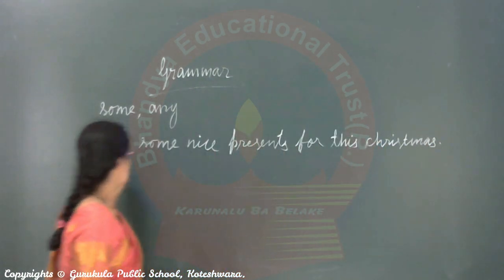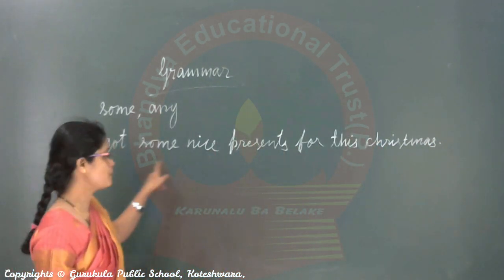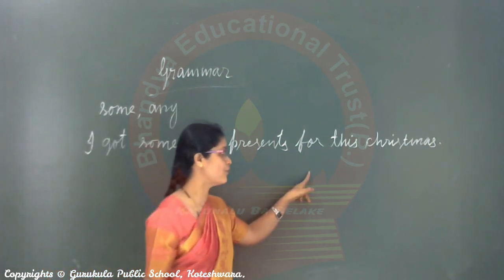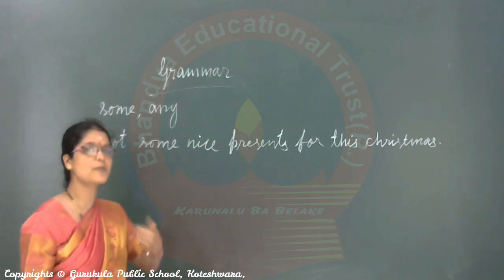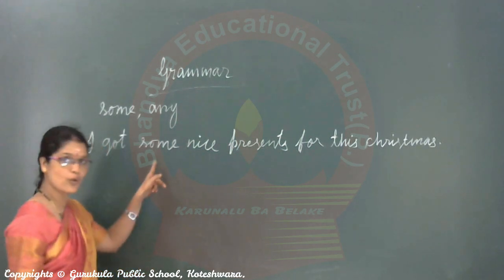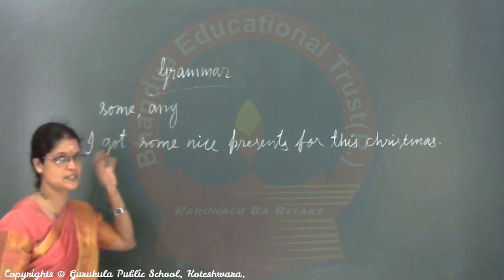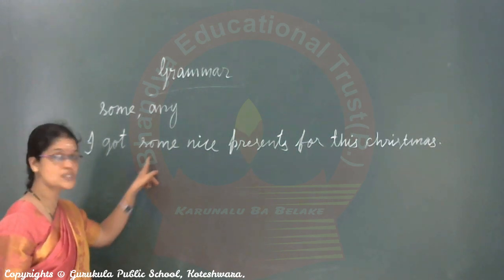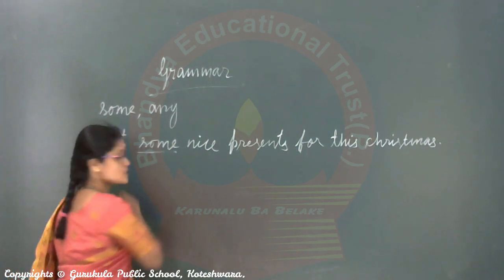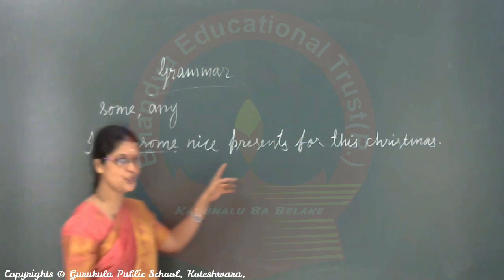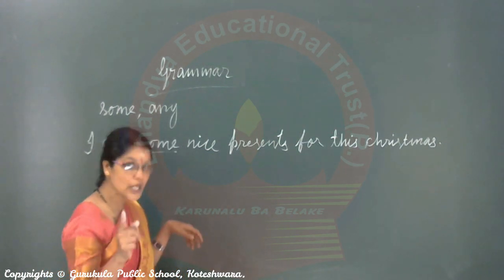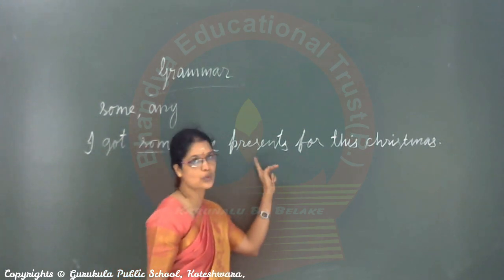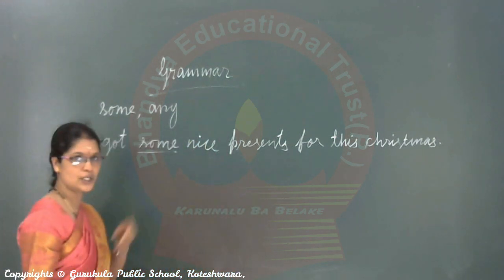See, I got some nice presents for this Christmas. This year's Christmas, the next coming Christmas. I have got some nice presents. See, I have used some here, and we use some with uncountable and plural nouns. Here, see, presents is a plural noun. I have used it here. Understood?